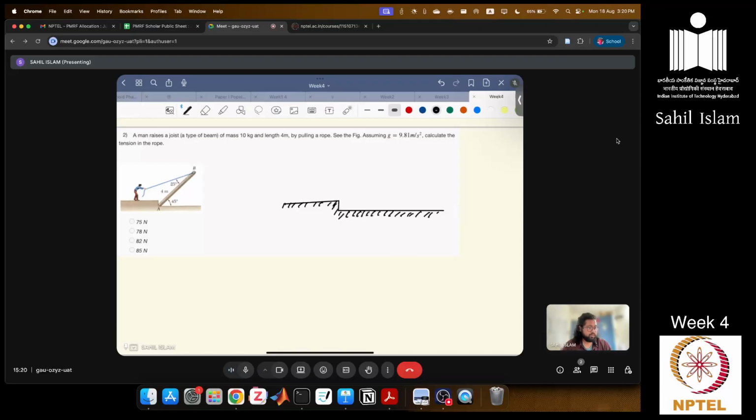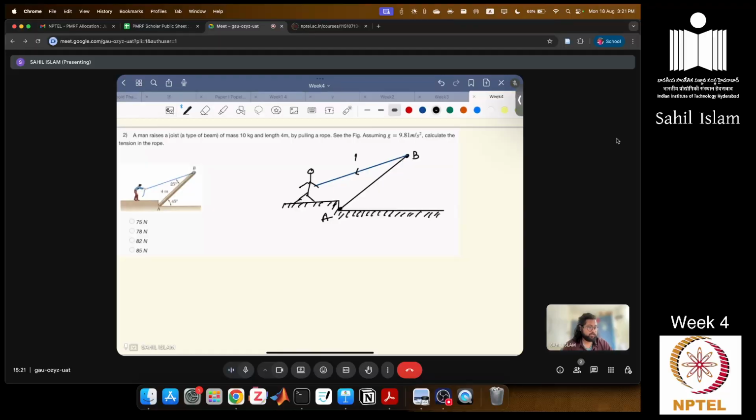So this is the base, and we have a joist or a beam. So beam, this point is A, this point is B. Now there is a rope and a man is standing like this and holding this rope and pulling it like this.